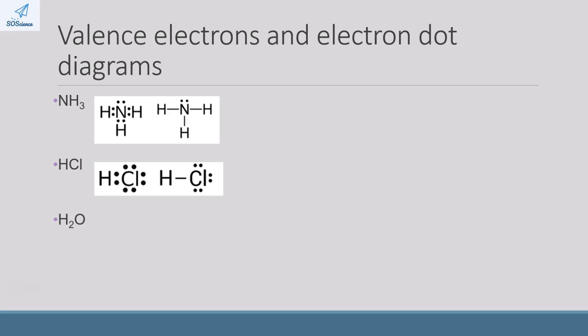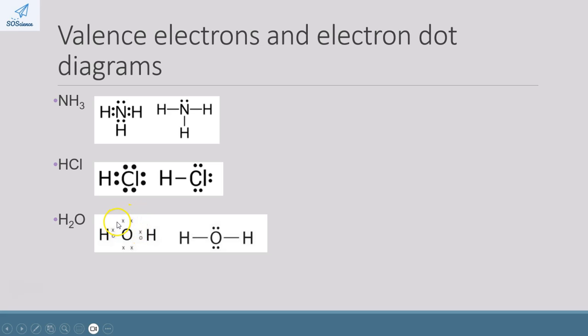H2O. Well, oxygen has 6 valence electrons, and each hydrogen atom has 1 valence electron. So that gives us a clue that there would be 2 single bonds on either side of the oxygen atom. So here we can see with the crosses, we've got 1, 2, 3, 4, 5, 6.